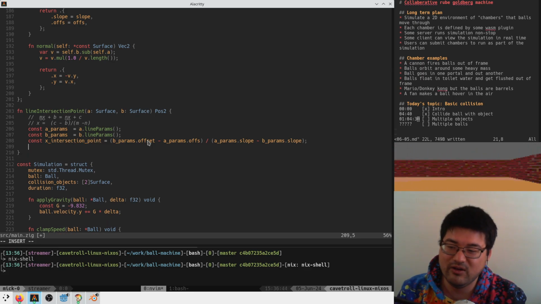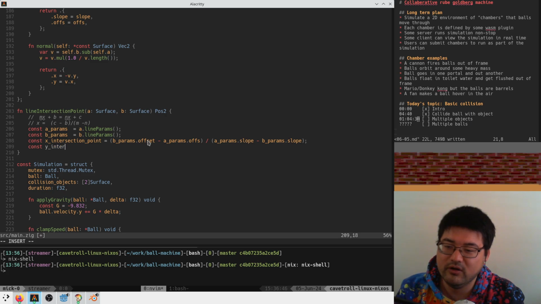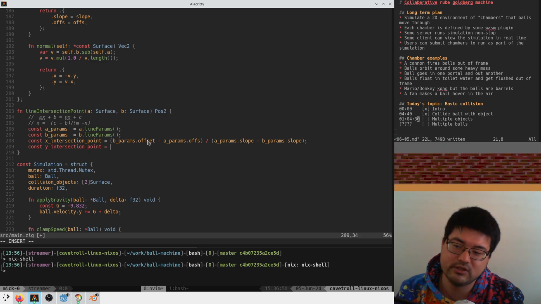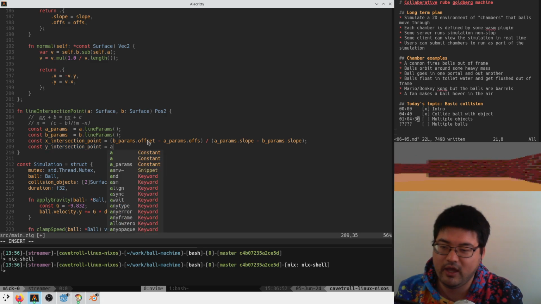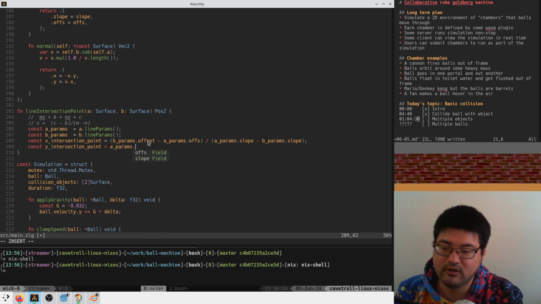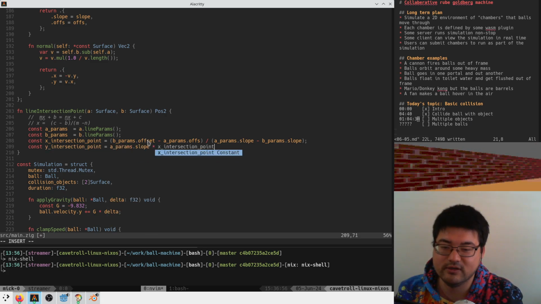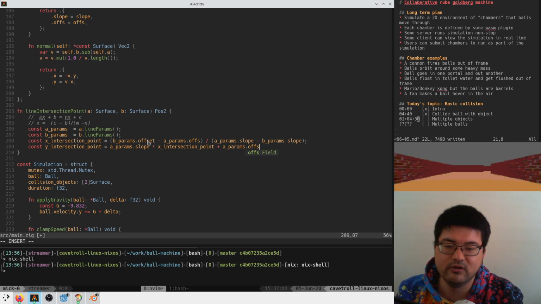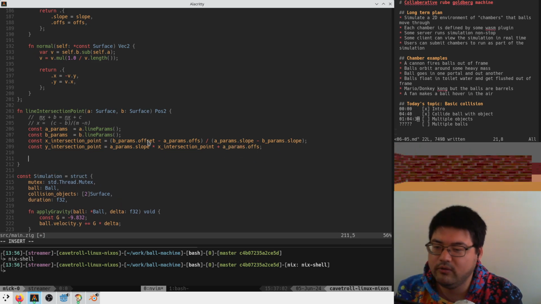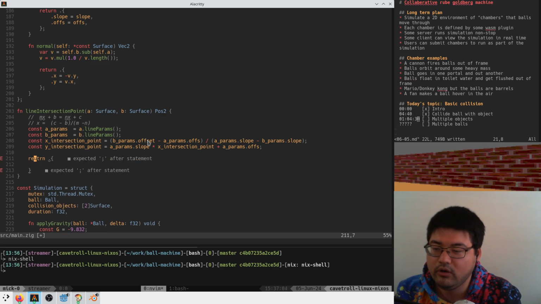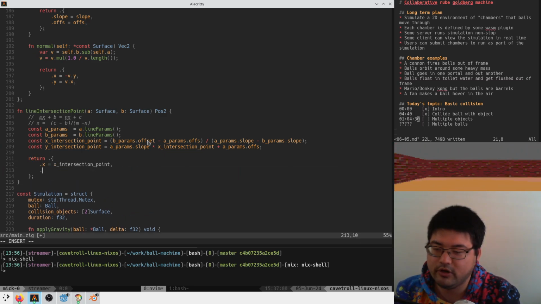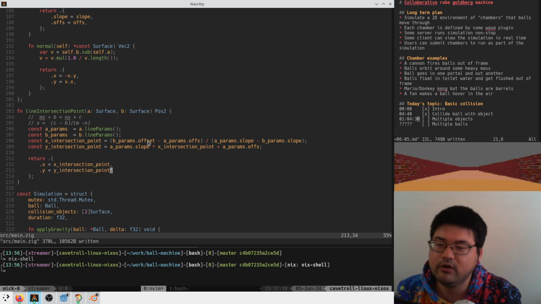Okay, so the y intersection point is just a params slope times x intersection point plus a params offs. Then we just return x equal x intersection point, dot y is equal to y intersection point.